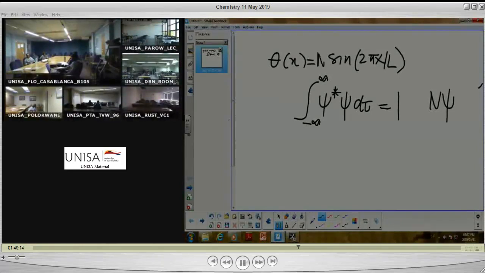So we change this to N times the wave function.